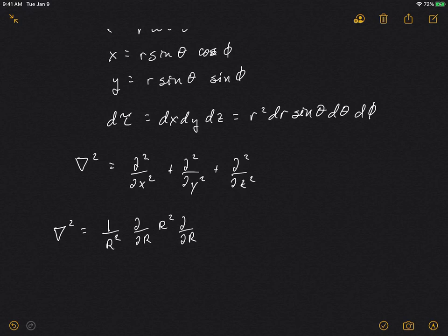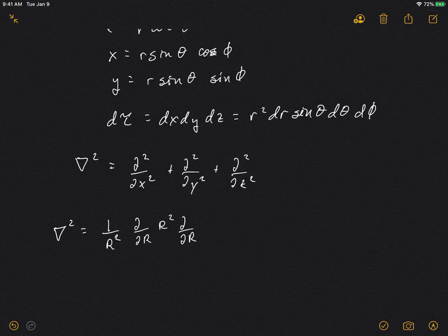You act the rightmost expression on the function first. So you take the derivative with respect to r, then you take the result of that, which is going to be some function, and you multiply that function by r squared. Then you take the derivative with respect to r again, take the result of that, and then divide by r squared. So there's this direction of attack, that the rightmost derivative gets acted first.